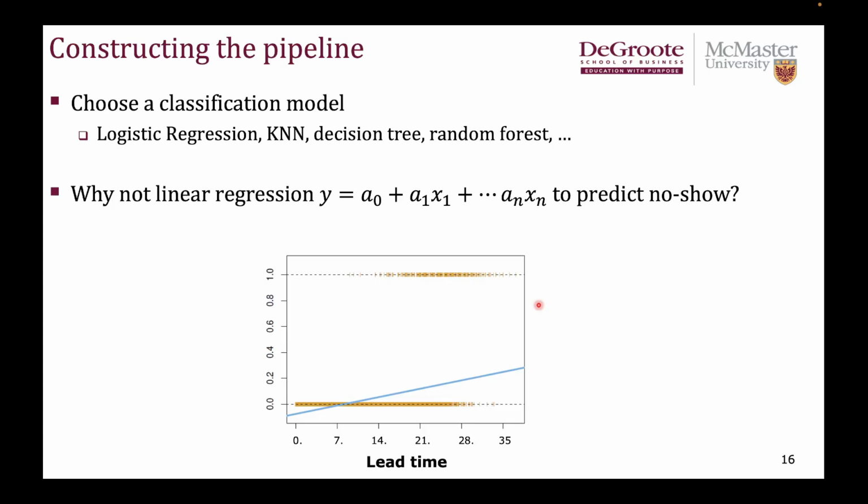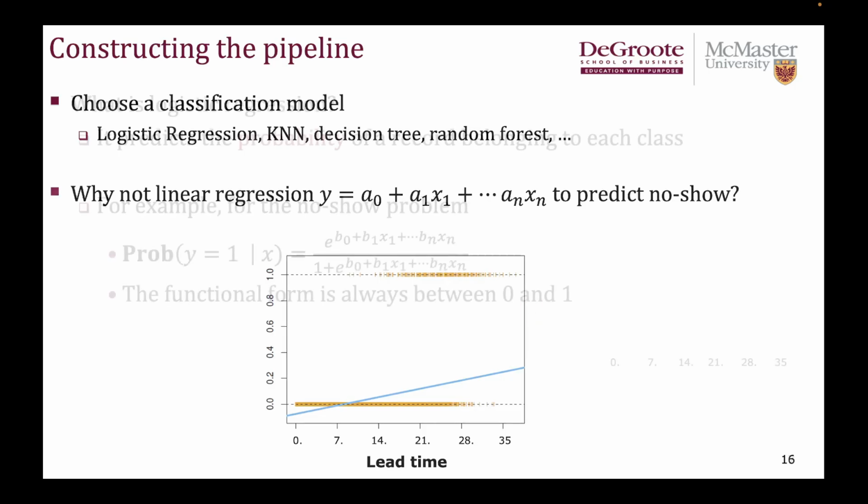Because linear regression predicts based on a linear function, and a linear function is not guaranteed to always be inside the range between 0 and 1. Actually, ideally, we want exactly 0 and 1. But for linear regression, it's not even guaranteed to be bounded by this range, because the linear function grows very quickly if you increase the inputs. So that's why it's not guaranteed.